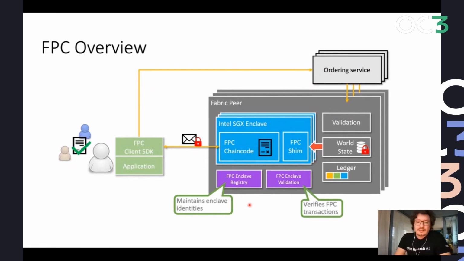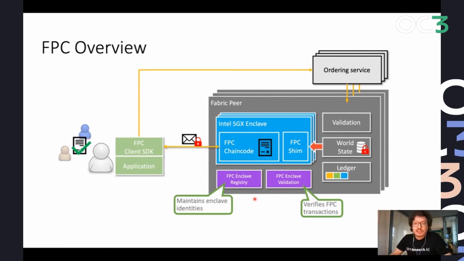In addition to that, we need a few components which we integrate in our attestation infrastructure. So we introduce an FPC enclave registry, which is responsible to maintain the identities of our enclaves, which essentially tells us, hey, what peer runs which enclave, which chaincode is executed by that particular enclave, and so on.